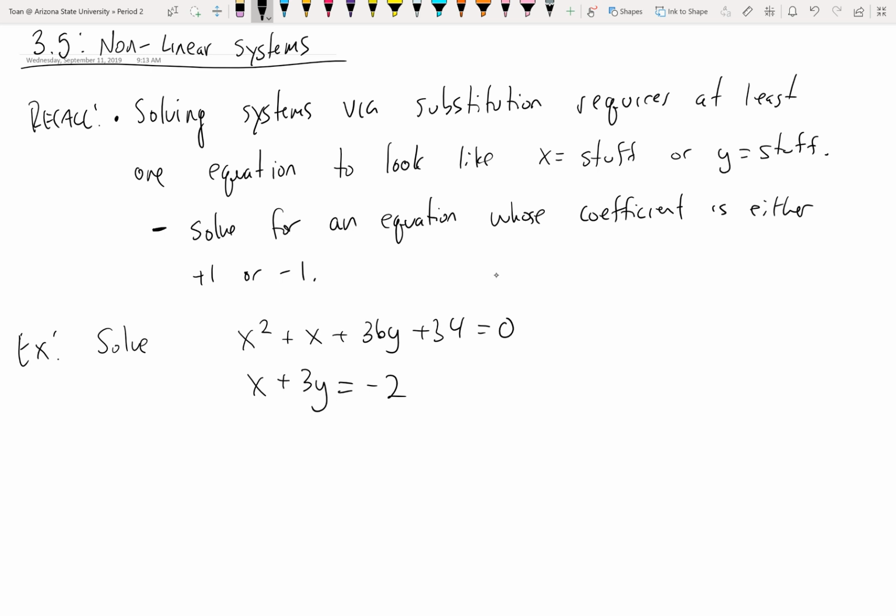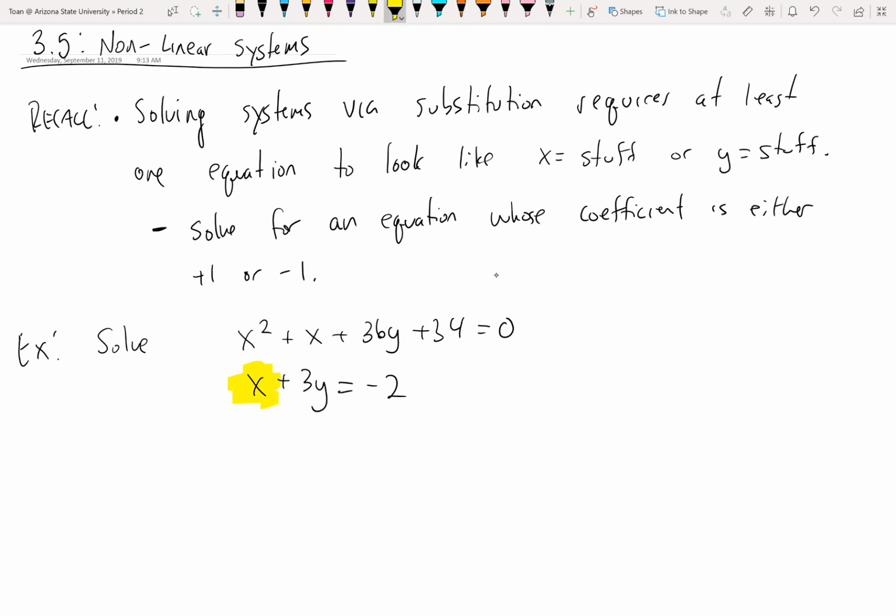The first thing I want to do is solve for a variable whose coefficient is 1 or negative 1. Now, I'm going to ask a very obvious question. We have two equations here, the top equation and the bottom equation. Can we agree the bottom equation is easier looking? So I'm going to focus on the bottom equation.